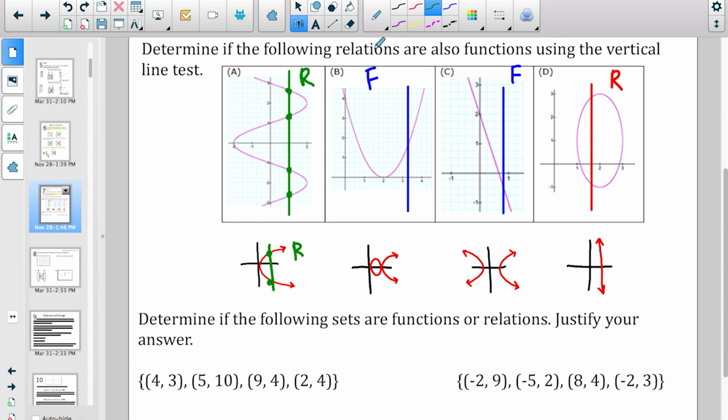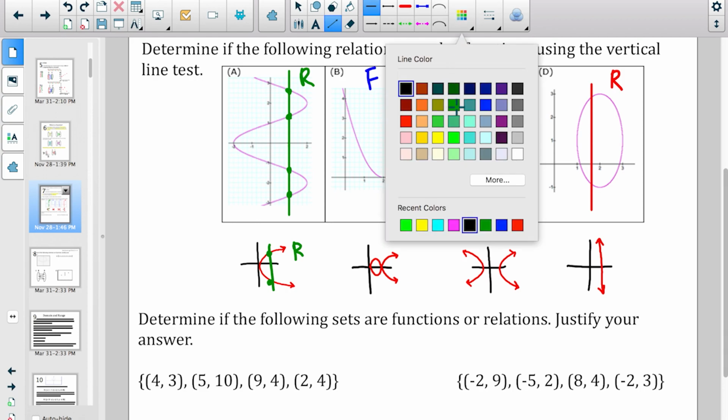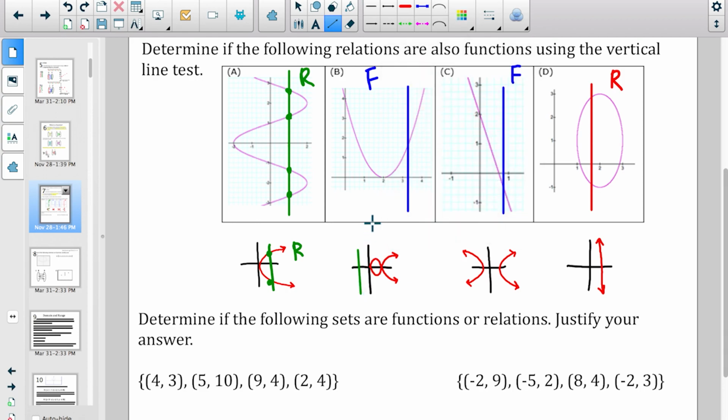Now this one here is a little bit interesting, because I'm sure a lot of you guys will be asking, well, what happens if I draw my line, and maybe I'll draw one that's a little bit more vertical. Let's draw this line here. Some of you guys will be wondering, well, what happens if I put that line right here? And you say, well, it's gonna pass the vertical line test, it only crosses once, and that's absolutely true. But you need to remember that the vertical line test should work on really anywhere for this graph.